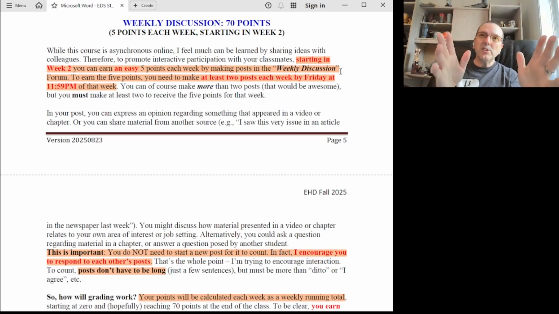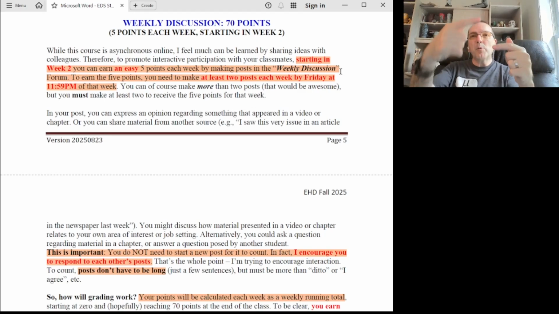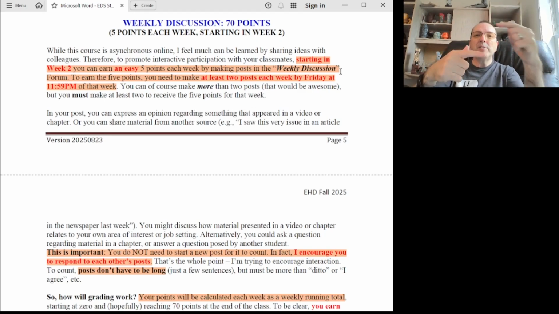So you'll notice you got your 5 points for week 2 when we started it, then 5 for week 3, so it goes from 5 to 10 to 15 to 20. You'll notice it steadily increases over the course of the semester if you're making posts.